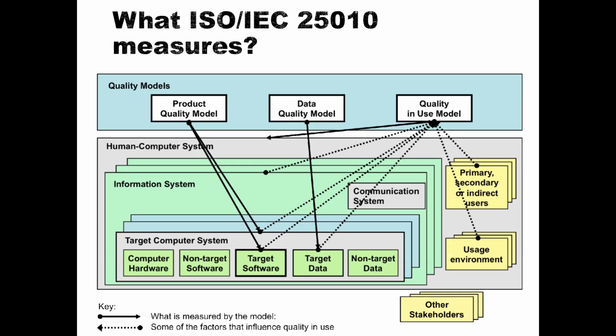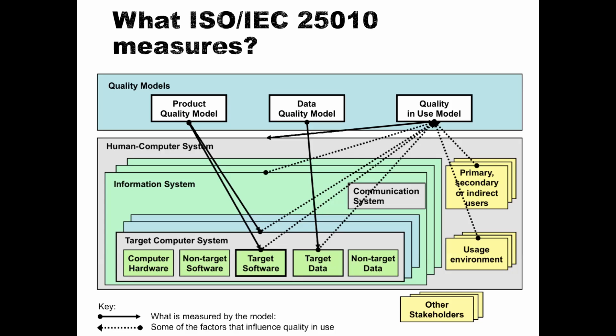And of course, we also have one data quality model, which I'm going to leave for you, which is 25012. So you can just check what is the ISO IEC 25012 data quality model. One talks about the product, the other talks about the data, and finally we talk about the quality in use, the actual use.